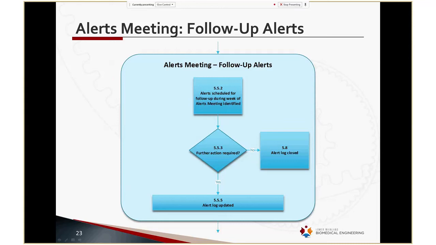If no, that means that alert must be complete, everyone's risk management work orders and the action has been performed, and we'll close off the alert log. If further action is required, so if all of the actions aren't complete, we would then schedule a new follow-up date and update our alert log, which contains the master record on the alert, appropriately.